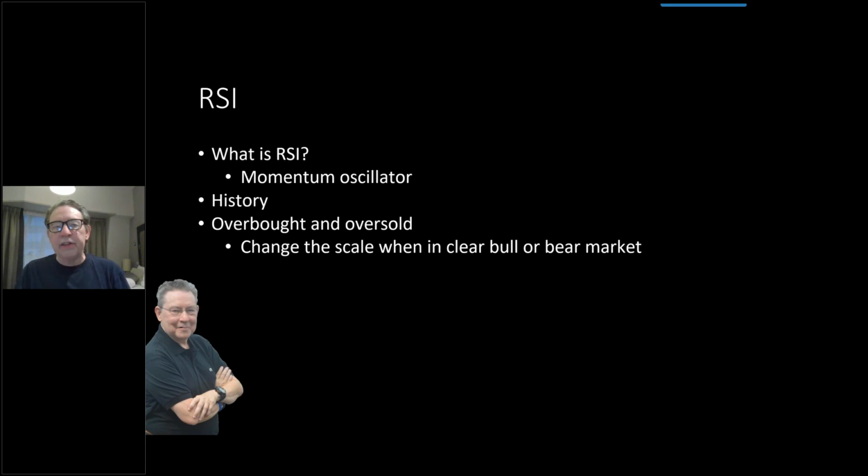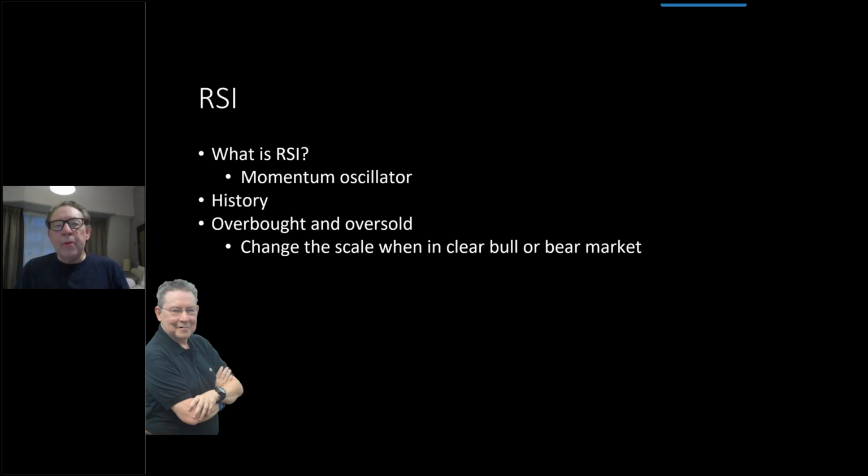RSI stands for Relative Strength Index. He normalizes everything and puts it all on a scale of 0 to 100. Prior to Wilder, we used what was called rate of change, which had no scale at all, really. And so we can then see these things clearly.